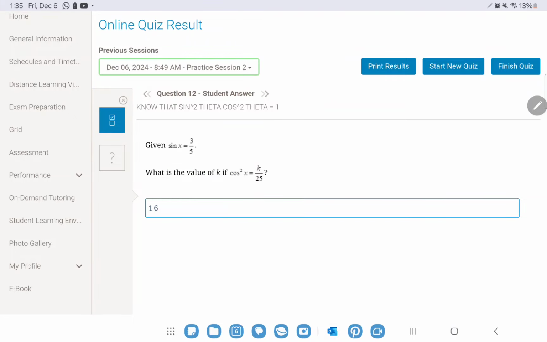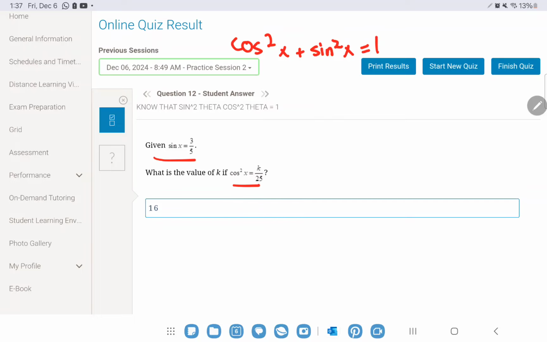Now again, here we need to use the identities again, but in a slightly different way. Let's start. The one that relates sine and cosine, we already used it. Cosine squared x plus sine squared x equals 1.